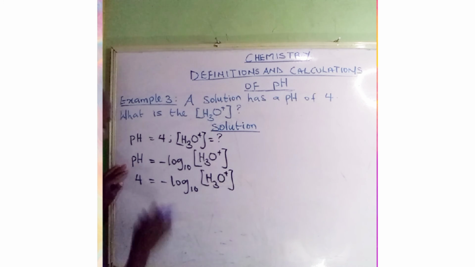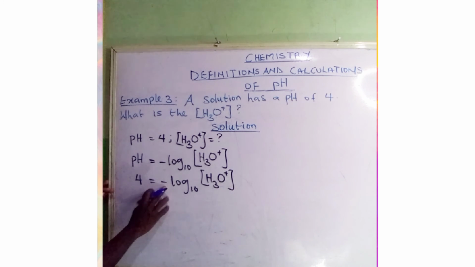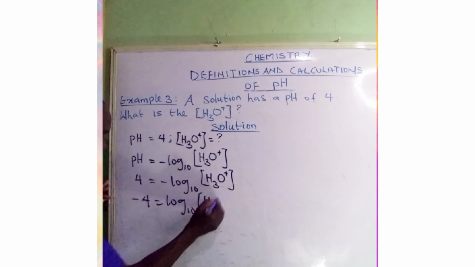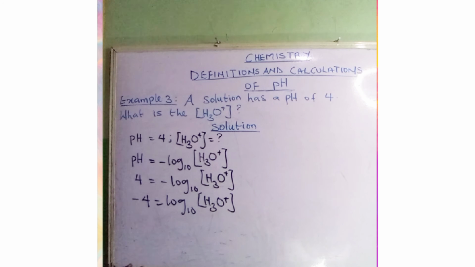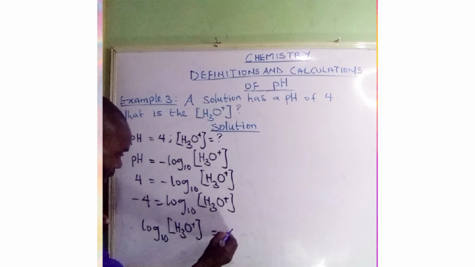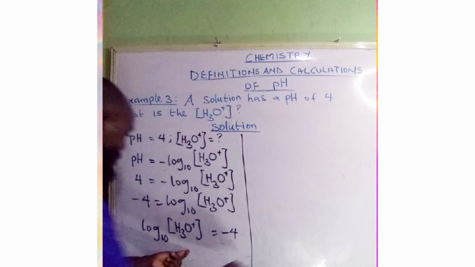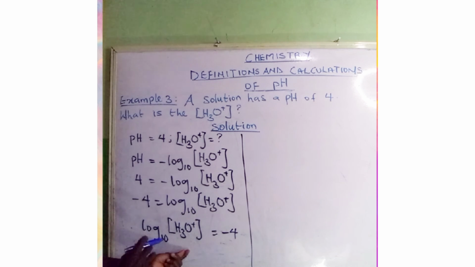From here, multiply both sides by minus 1. So here we have minus 4 equals log to base 10 of the concentration of hydroxonium ion. Let the unknown go to the left-hand side, that is log to base 10 of the oxonium ion concentration equals minus 4. From here, to get my oxonium ion, it's going to be an anti-logarithm.